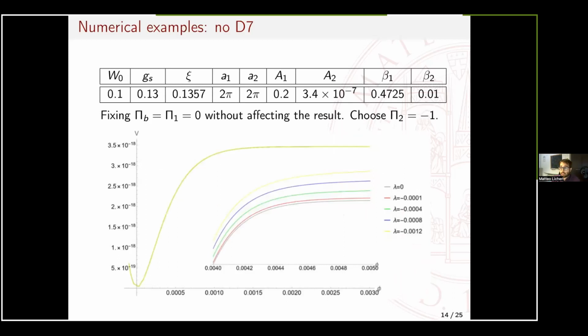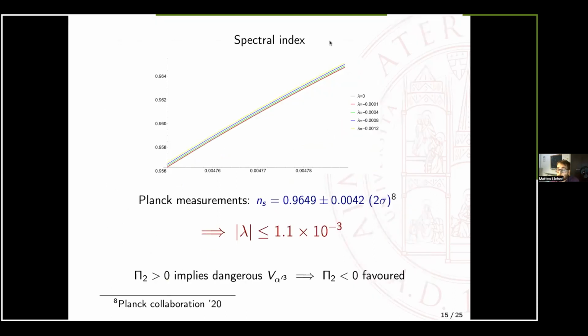In fact, with a numerical example, first in no D7, we choose these parameters in order to match the primordial density perturbations. We fix pi b and pi 1 equal to 0, and this is a result that we can, without affecting the general result. With pi 2 equal to -1, we have done a check with lambda equal to 0, and let me go instead to the spectral index, this is the potential.